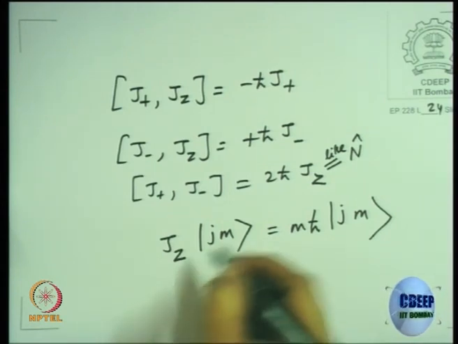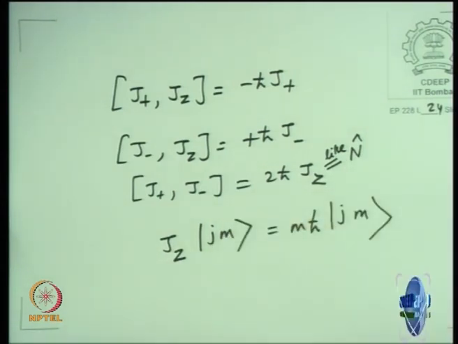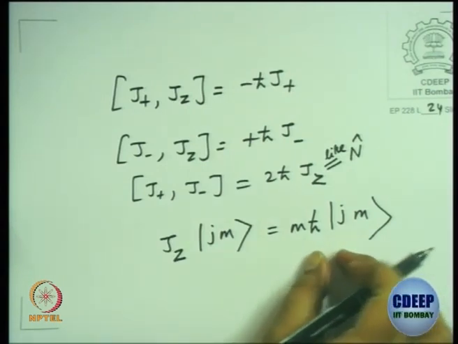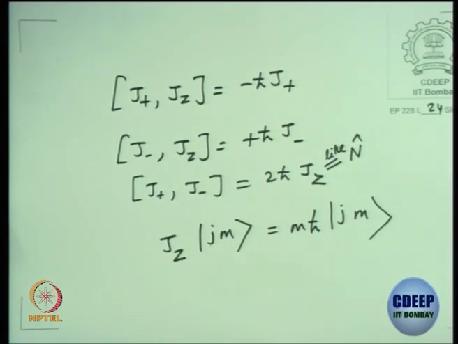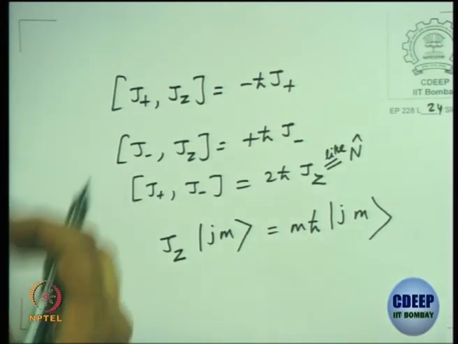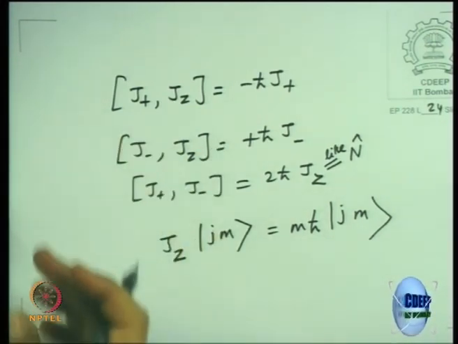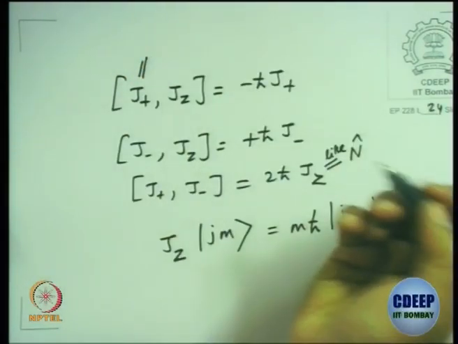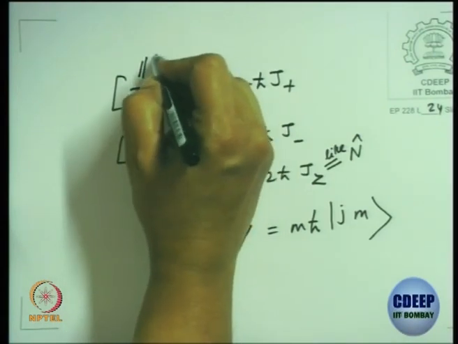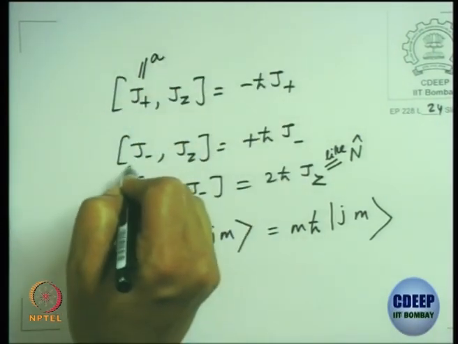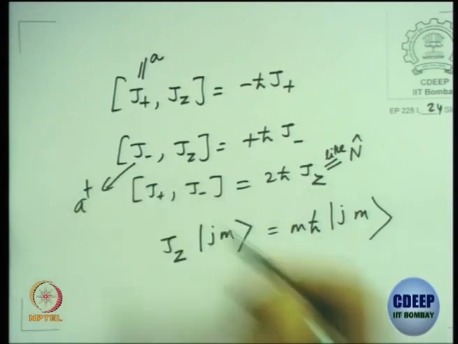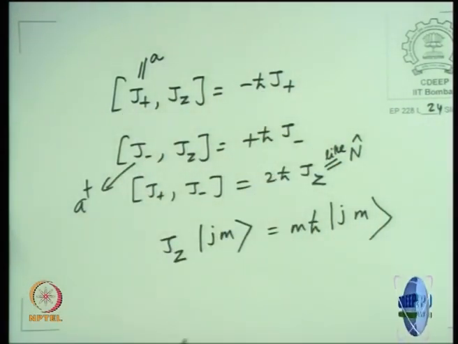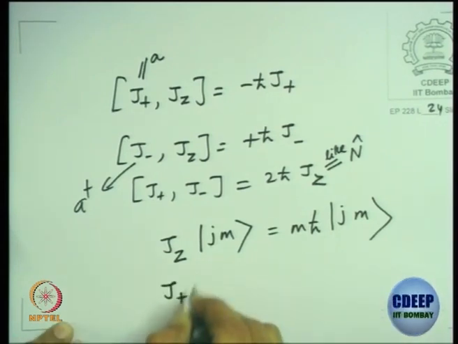So Jz is like your number operator in the harmonic oscillator. It's an eigenstate with eigenvalue m h cross. Then what does it tell us? J plus and J minus are like A and A dagger, one of them will be A and the other A dagger, or the other way around. So this algebra will tell you what happens to J plus on Jm.